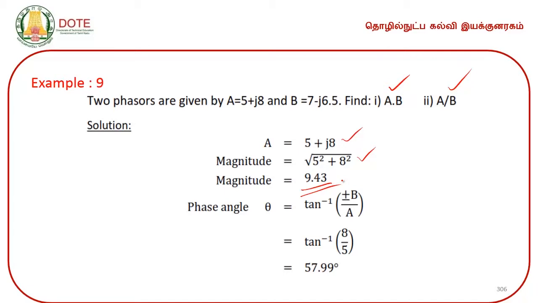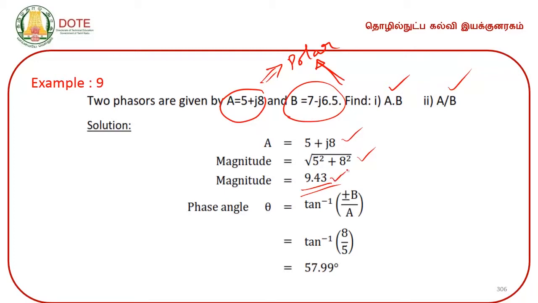In the previous problems, we have straight away multiplied two rectangular quantities. For a change, I am going to change this rectangular quantity to equivalent polar, and then this rectangular quantity to equivalent polar, and then I am going to perform the operation.